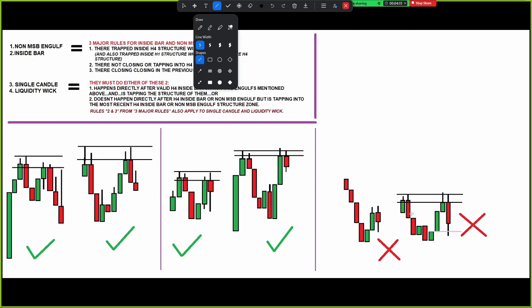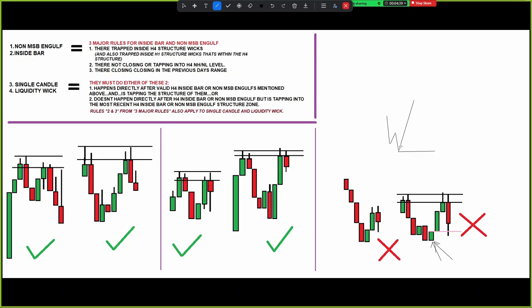But even if your level is formed of an inside bar, obviously you wouldn't normally buy from a new high or new low level where the structure is formed from an inside bar. But in the case of this rule, it doesn't matter whether this is an inside bar or an engulf. The matter of fact is, it is a new high level.